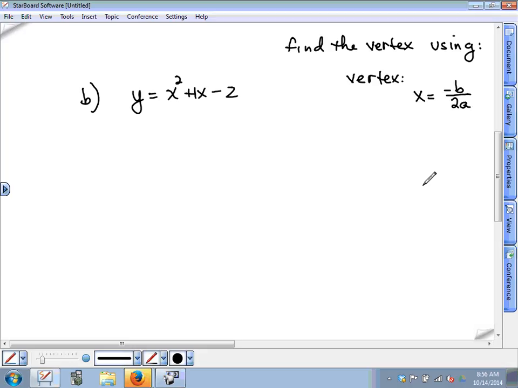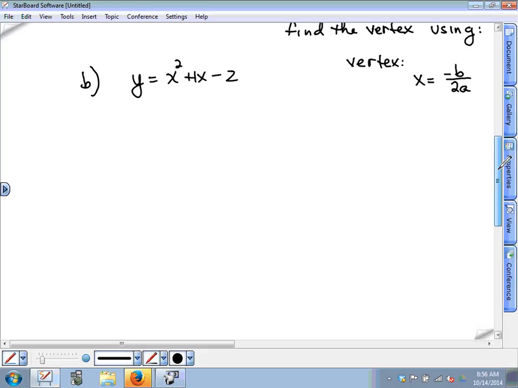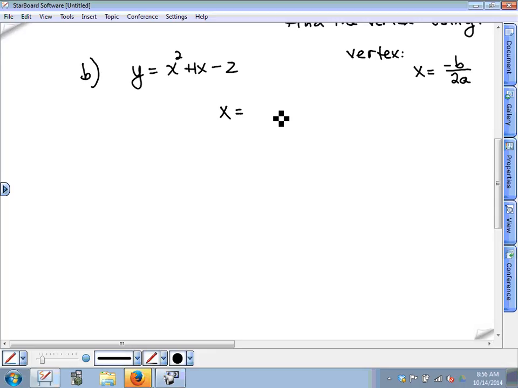It comes from completing the square. If you want to come in after school, I could show you that. It takes a little time, but you might understand it if you see where it comes from. Anyway, x equals opposite of b, in this case negative 1, divided by 2 times a, which is 1. So we have an x value of negative 1/2. So what that tells us is the vertex is negative 1/2 comma something. How do we find that other something?